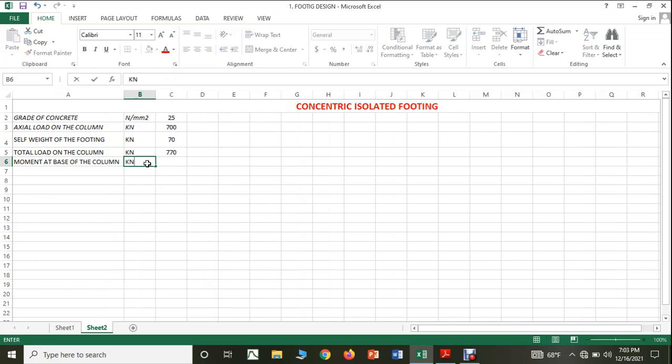Since it is an input value, let us make it as inclined. And I told you here we are considering only an axially loaded column without any moment, so I can enter the value 0 here. When I take up another type of footing design, there you will get another value. So therefore it is 0 here.